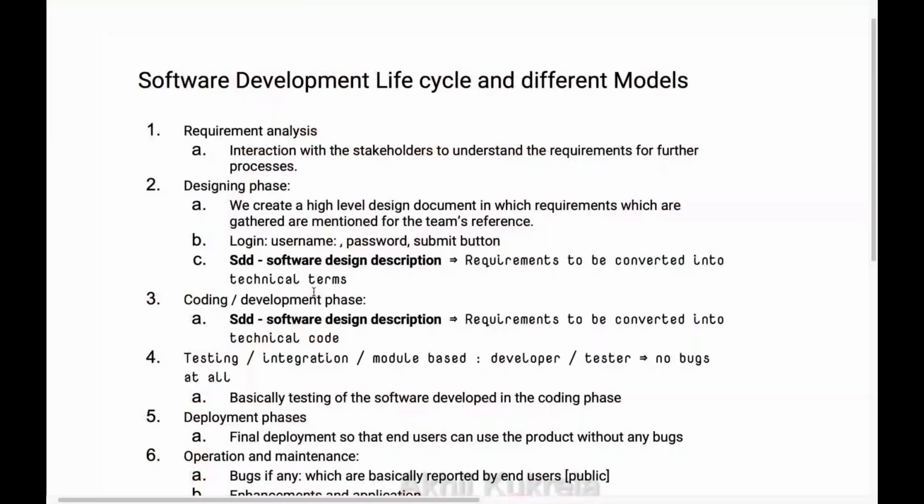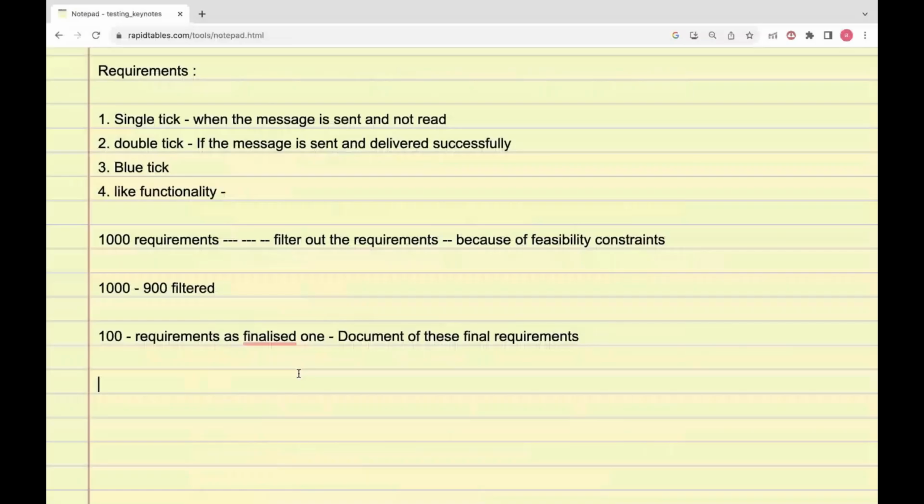We create a high level design document in which the requirements are gathered for the team's reference. You present them to the team and tell them these are the final set of requirements we'll be working on while developing the software, and you have to refer to it. That document is called the software design description, abbreviated SDD.